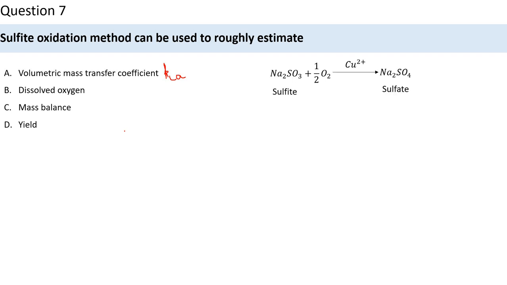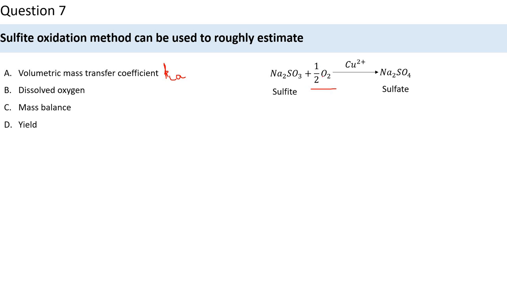So in the sulfite oxidation method, sodium sulfite is going to get converted into sodium sulfate in the presence of copper sulfate. In this experiment, the sodium sulfite is dissolved and kept in a bioreactor, and through the sparger the oxygen will start entering the reactor.